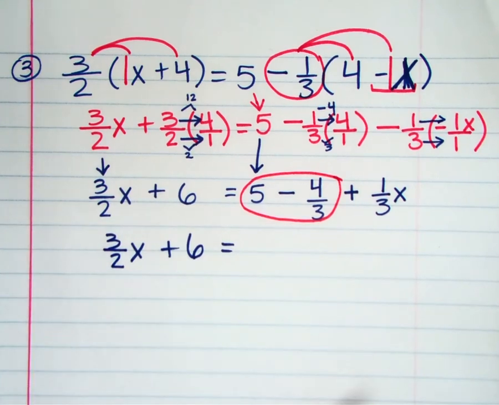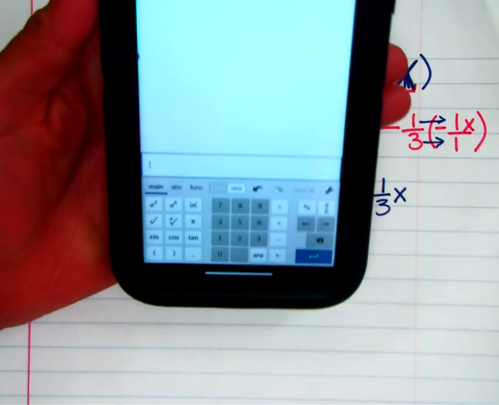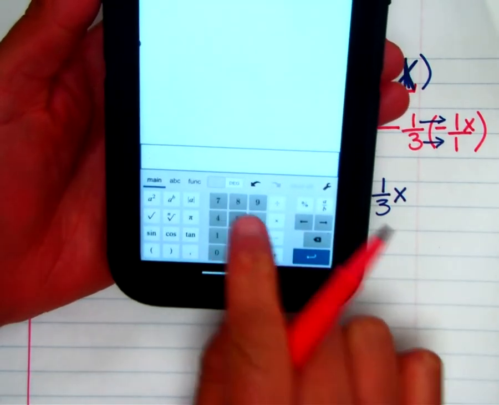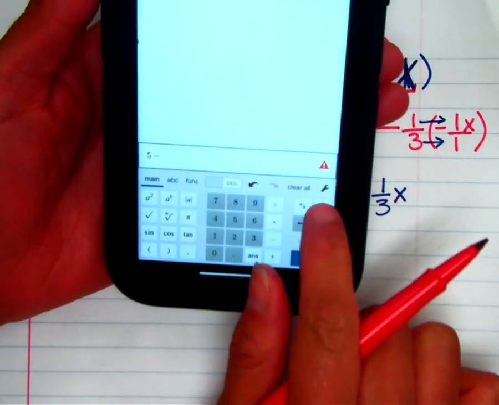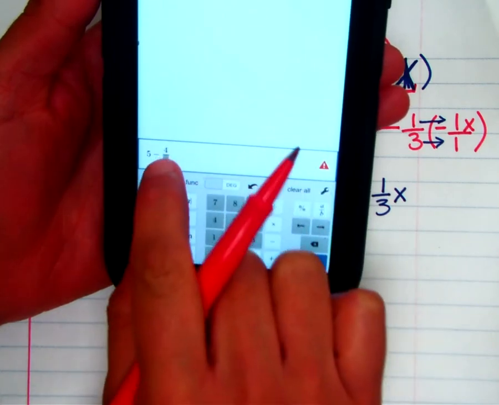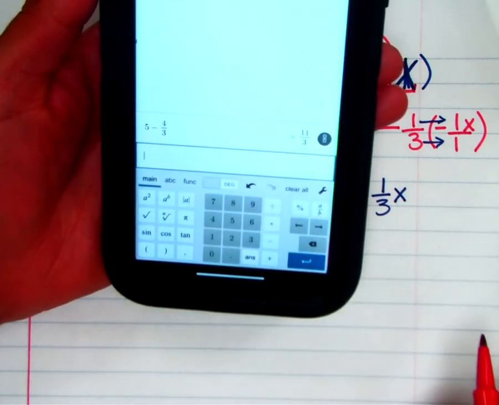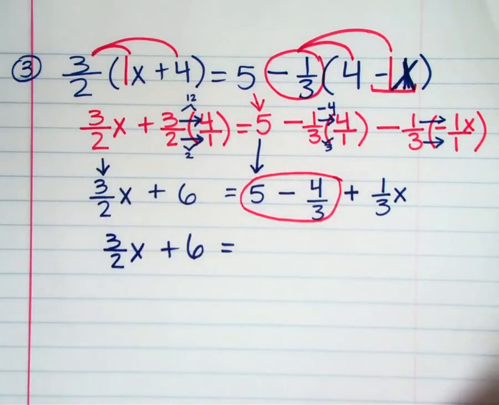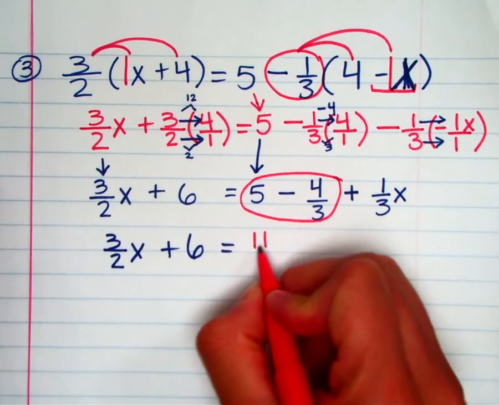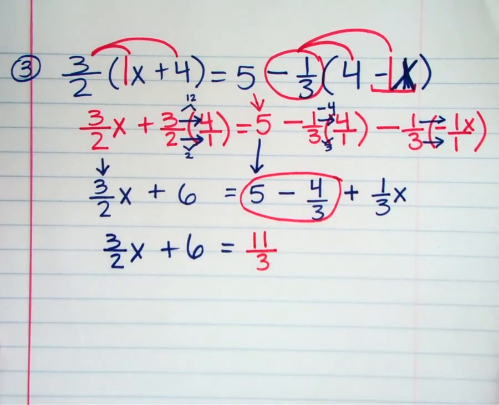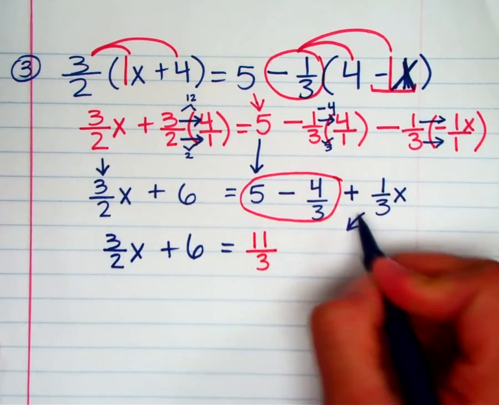So 5 minus 4/3, we can put that in our Desmos calculator. 5 minus fraction 4 over 3, enter. I get a decimal, but I can quickly convert that to a fraction, 11/3. So this combines to 11 over 3. And again, I'm just going to bring down whatever I have left, a plus 1/3 x.